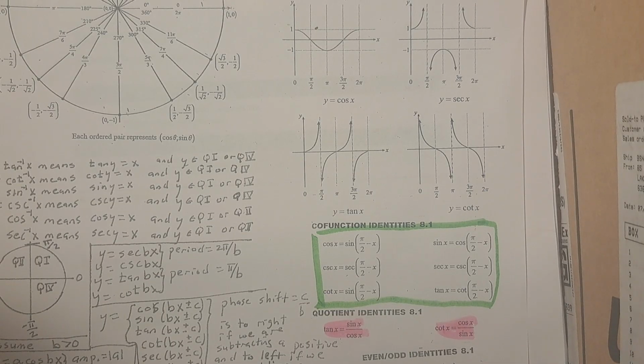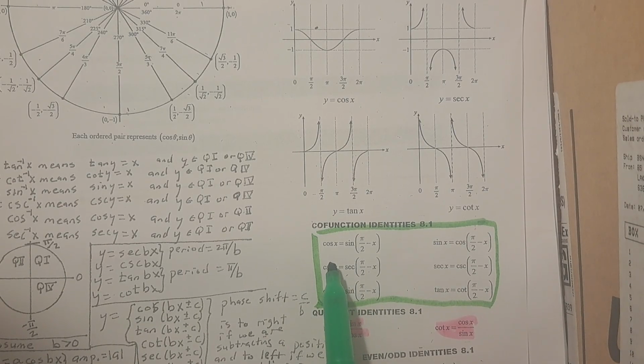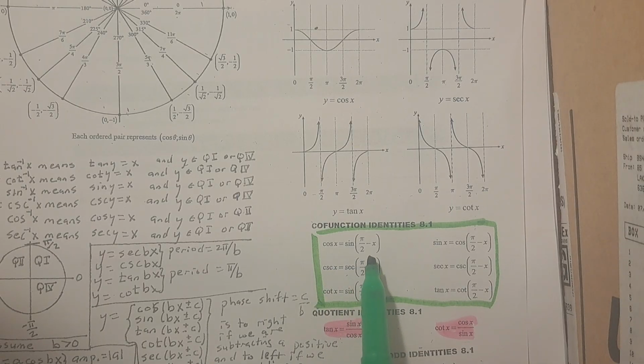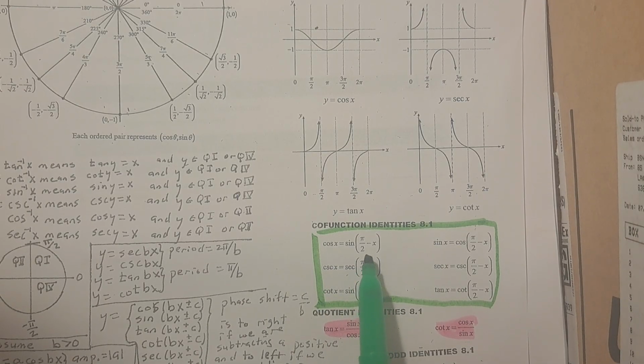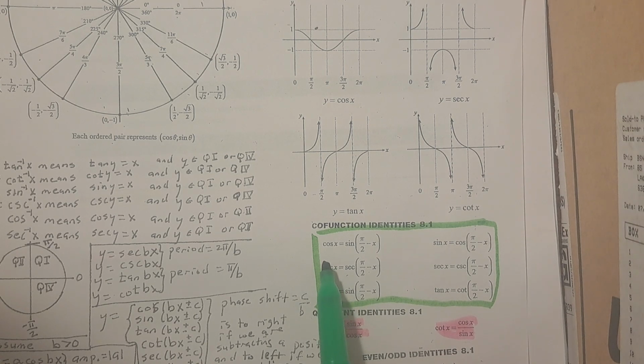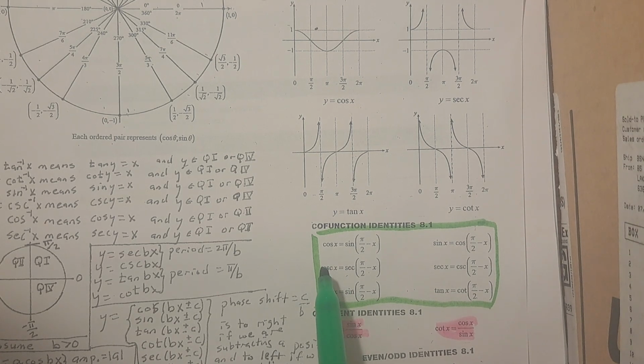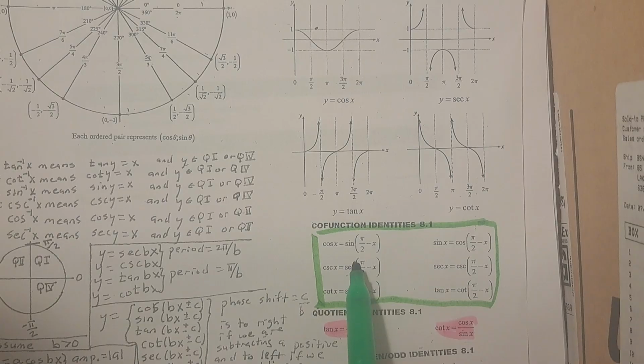You can just draw a triangle, and in that triangle make one of the angles x. One of the angles will be 90 degrees and the other will be pi over 2 minus x. And if you just write down in terms of the triangle that cosine is adjacent over hypotenuse, if you take a look at the sine of the other angle and you look at its opposite divided by its hypotenuse, they're going to be the same thing.